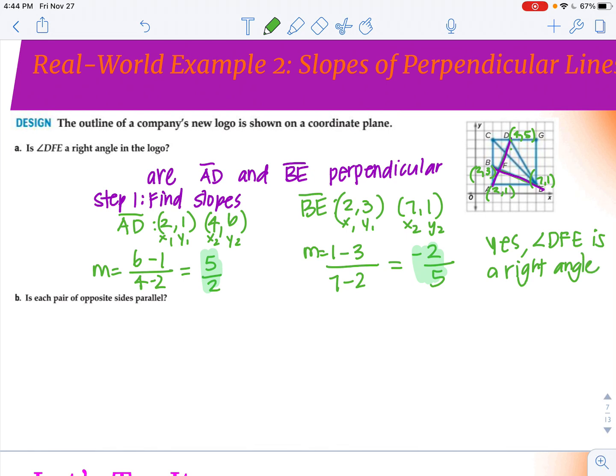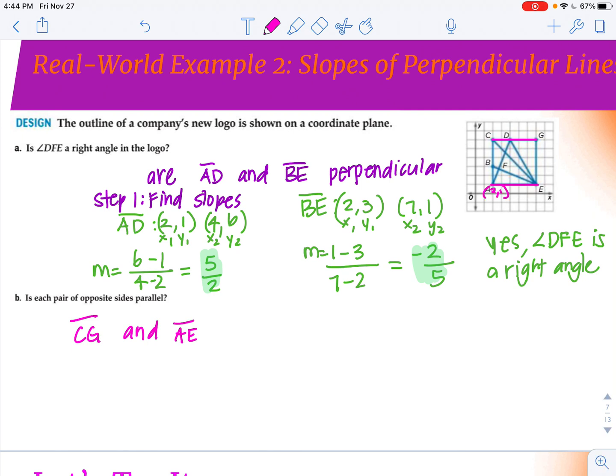Is each pair of opposite sides parallel? So what we want to do is look at opposite sides. I'm just going to erase this for now. We have CG and AE. So line CG and line AE. We need to see if they are parallel.